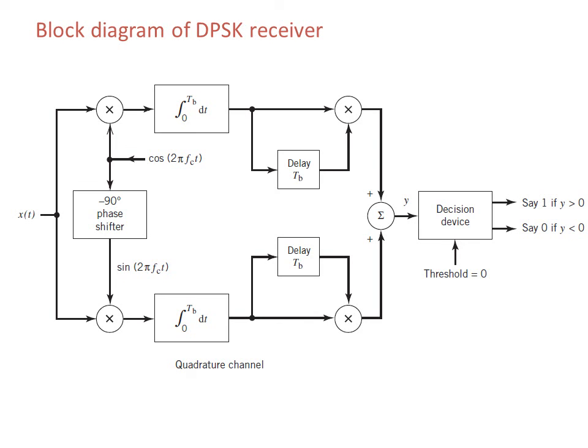Now the advantage of DPSK over PSK system is that the security of data is more in the DPSK system, because before performing the actual PSK operation, differential encoding of data is considered. So security of data is more in DPSK compared to the PSK system.